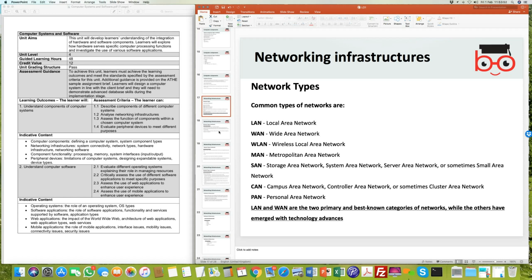So WANs are more for servers. I'm just trying to think of gaming servers. Say, for example, someone is playing a shooting game on a gaming server. The server will work well only for the people in that specific area.